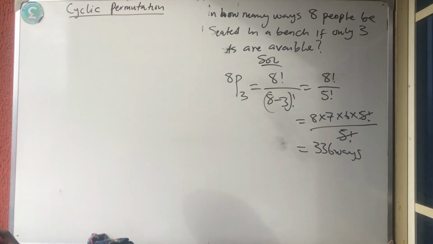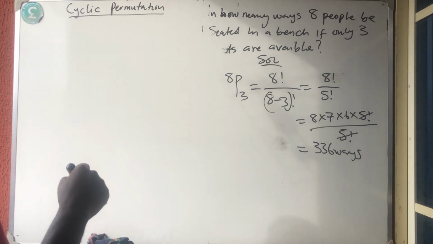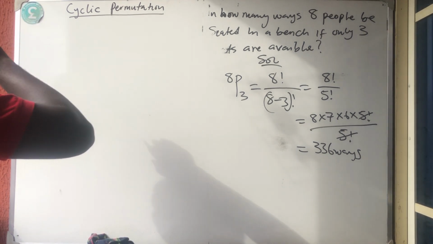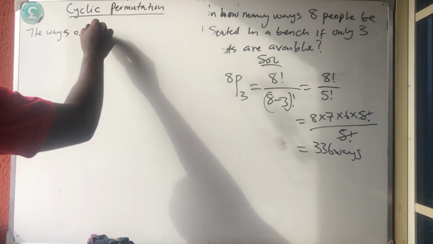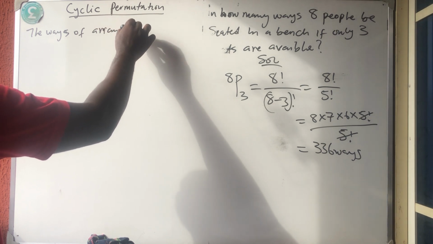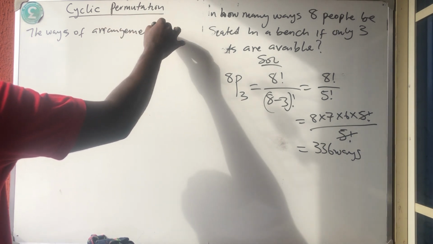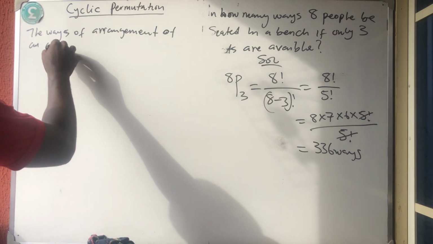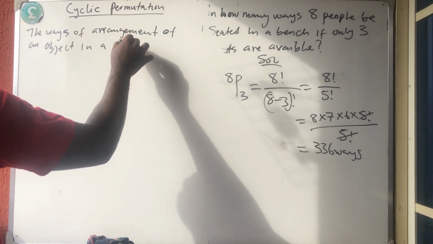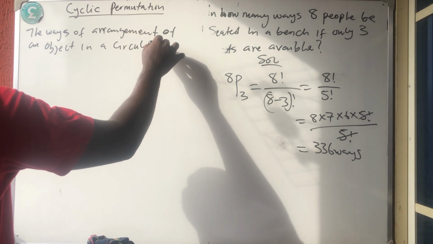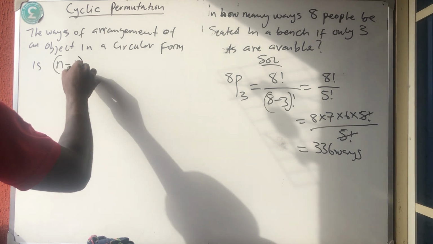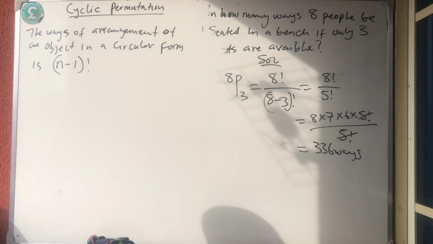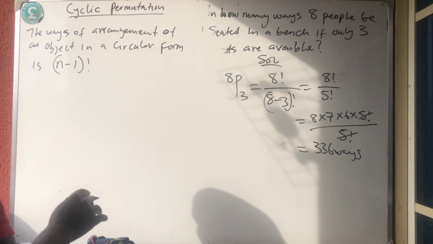Now, whenever you want to arrange anything in a circular form, the ways of arrangement of an object in a circular form is simply n minus 1 factorial. That's just the answer. Okay, n minus 1 factorial. Okay, that is for A.